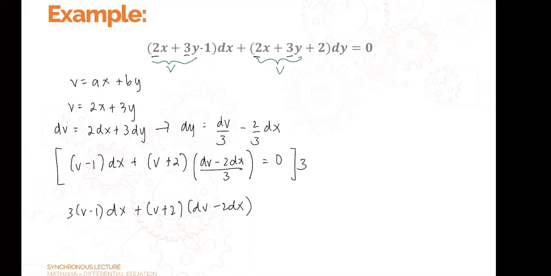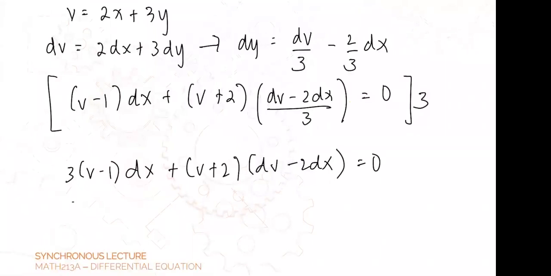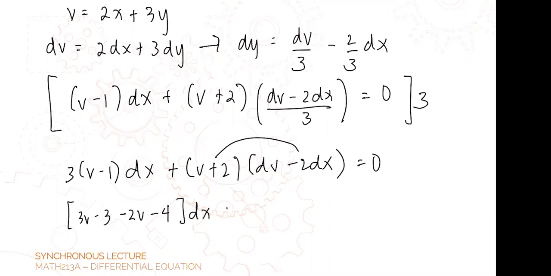Okay? Then next is to combine yung like terms. So yung sa dx natin, meron tayong 3v minus 3. Then meron tayo ito. So we have negative 2v minus 4 dx plus yung remaining natin na dv na v plus 2 dv.